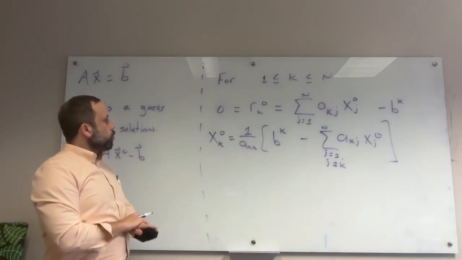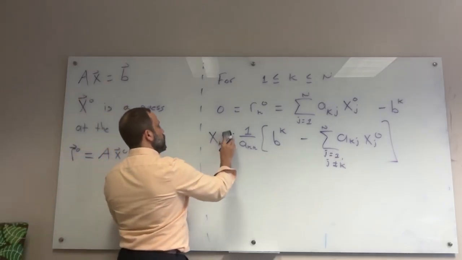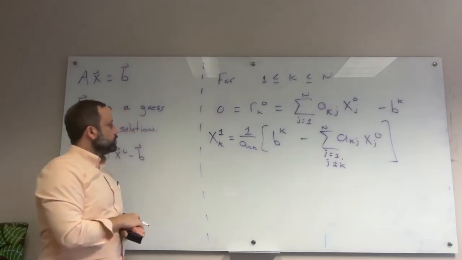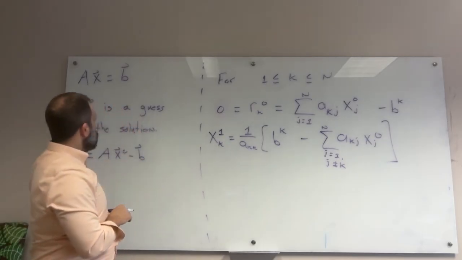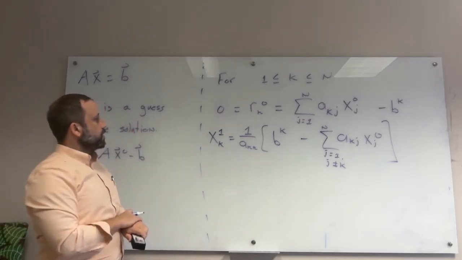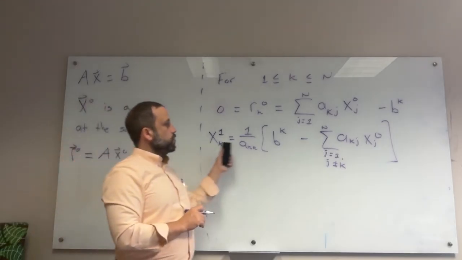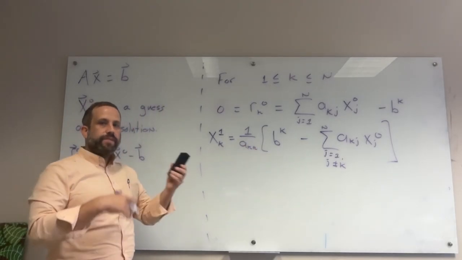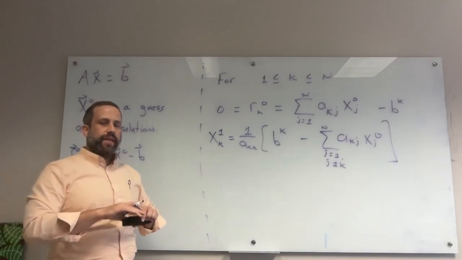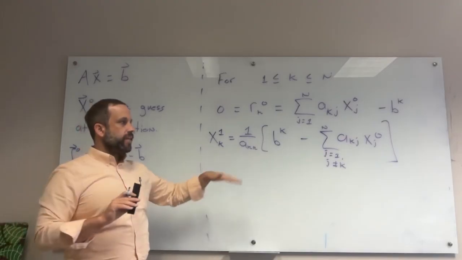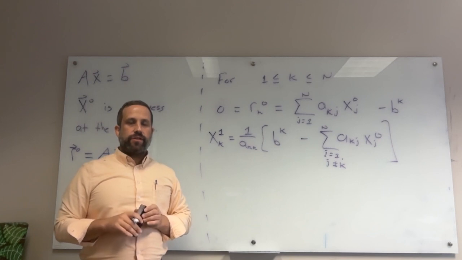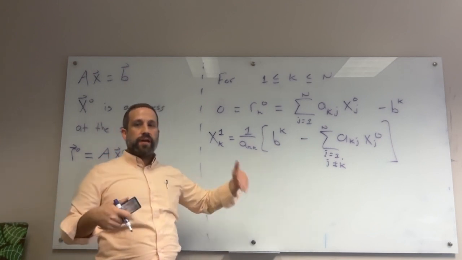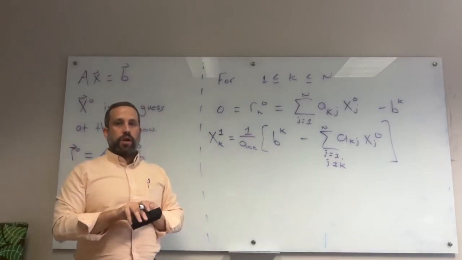So instead we define x_k1, from the 0th guess, to be given by this formula for every k. We update all of the k's, and we're no longer going to have one of the entries in the residual vector equal to 0, but the idea is that we're moving in the right direction. If we do this process enough times, the residual is going to go to 0.